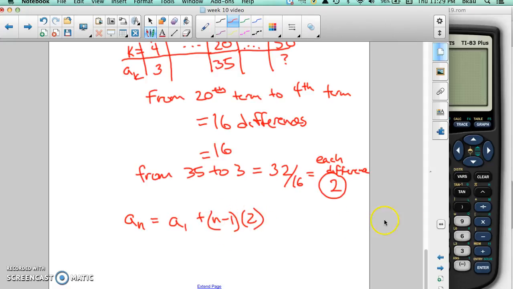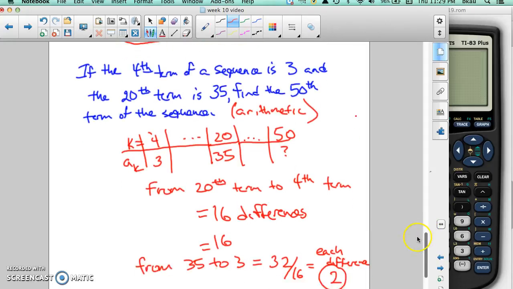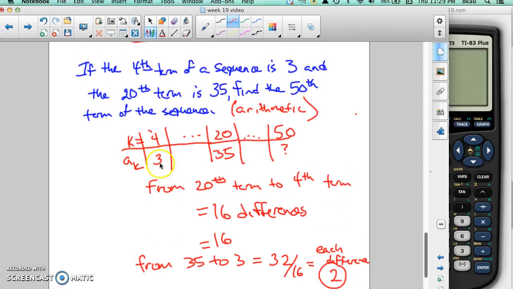So we found the difference now. Now we just need to figure out the first term. Well, now if we know the fourth term is 3, we can subtract the difference 3 times and get down to the first term. Okay, so the difference is 2, and we're going to subtract that 3 times.